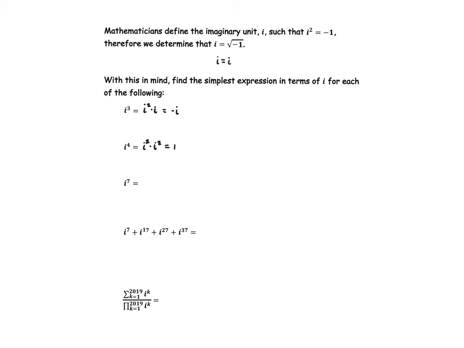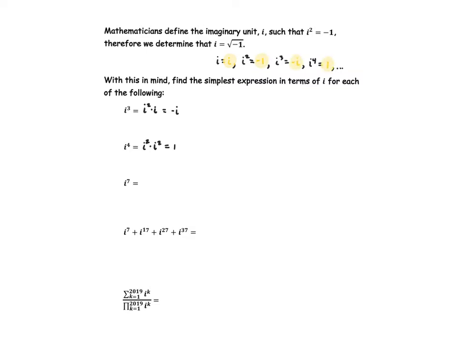Now when we look at imaginary units, I'm going to rewrite consecutively the first 4 powers of i, and then we'll look at how this pattern continues. Okay, so what we see here is that our first term is i, our second term is -1, our third term is -i, our fourth term is 1.